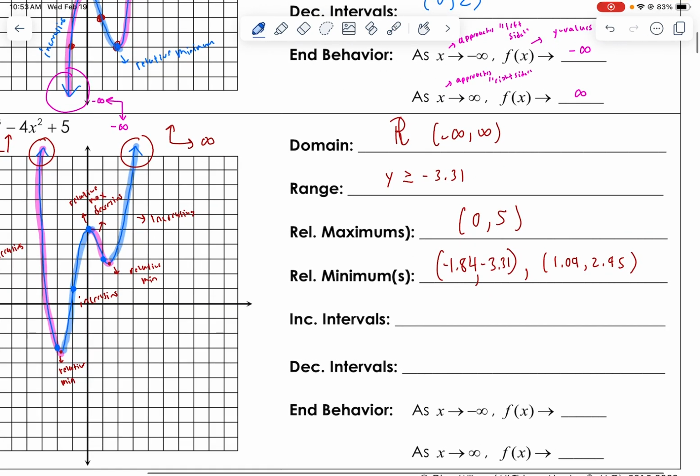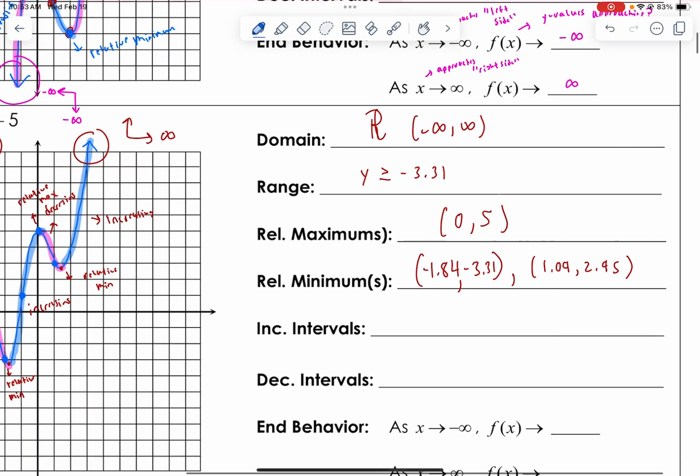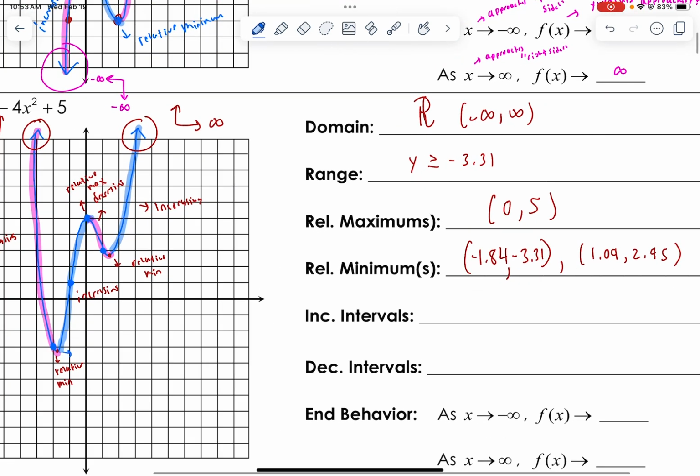You gotta be real careful with this one, but here, that x value was negative 1.84. So we're increasing from negative 1.84 all the way up to the x value right here, which is 0.